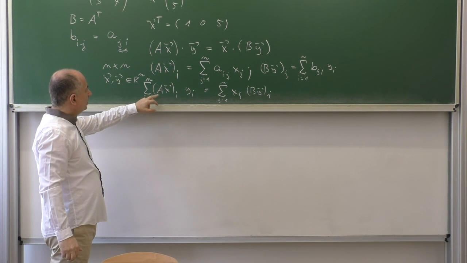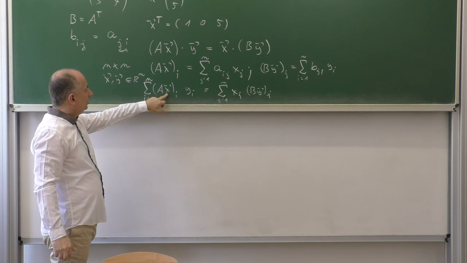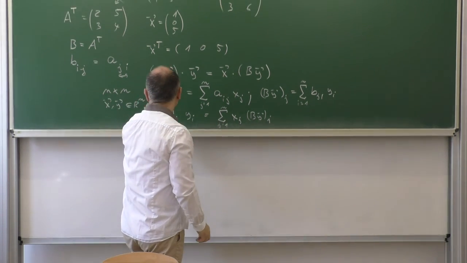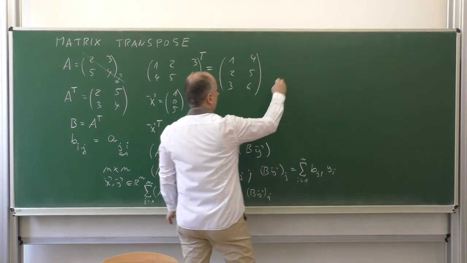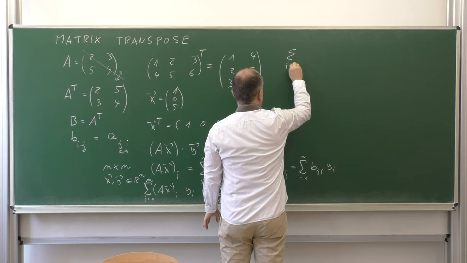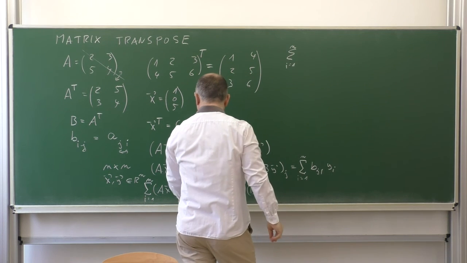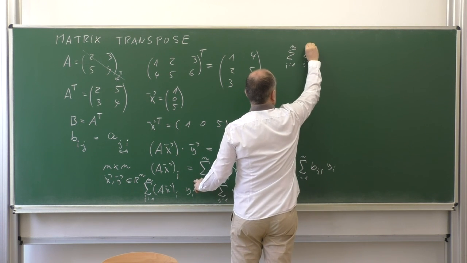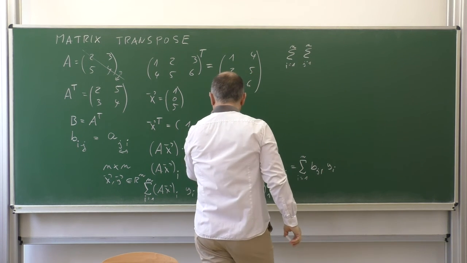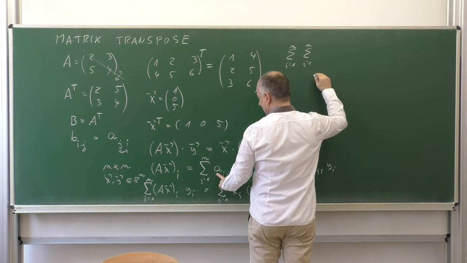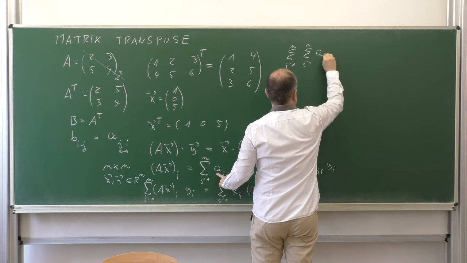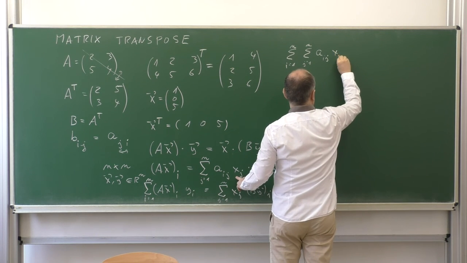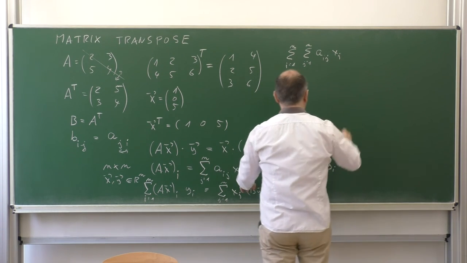And then we use this relation for Ax, and on the left we have the sum over i, sum over j, and here we have the product a_ij times x_j times y_i.